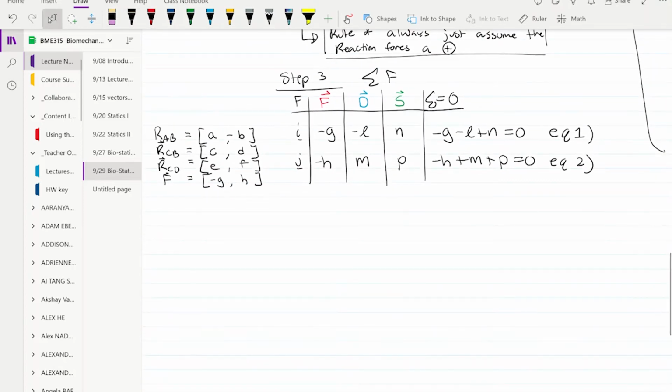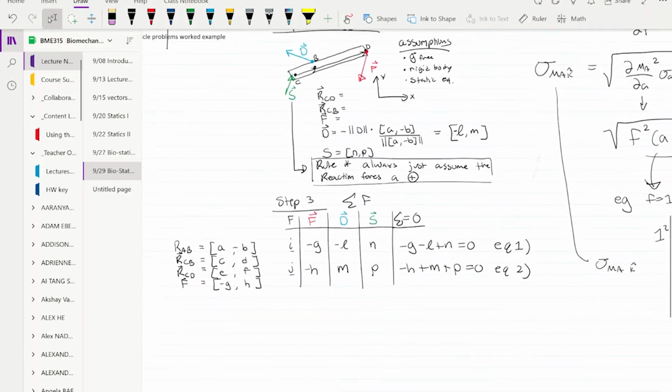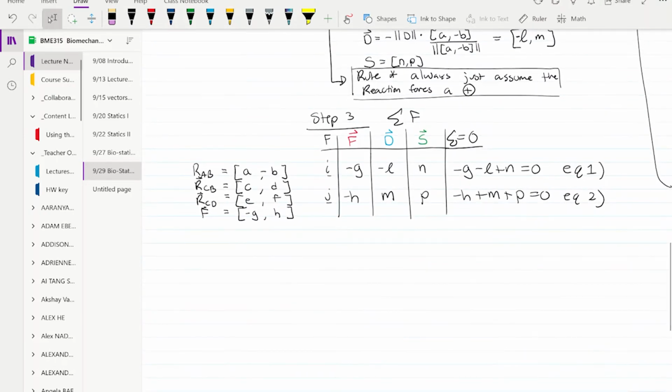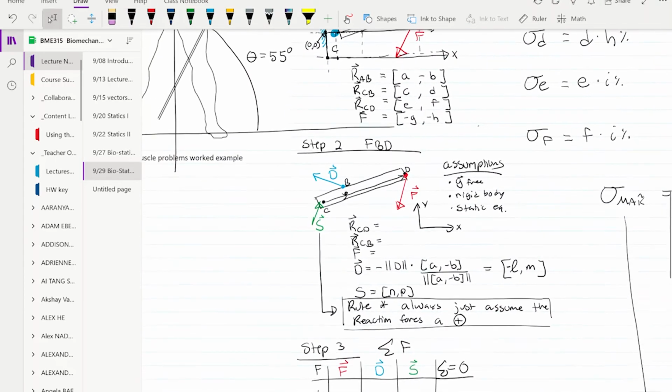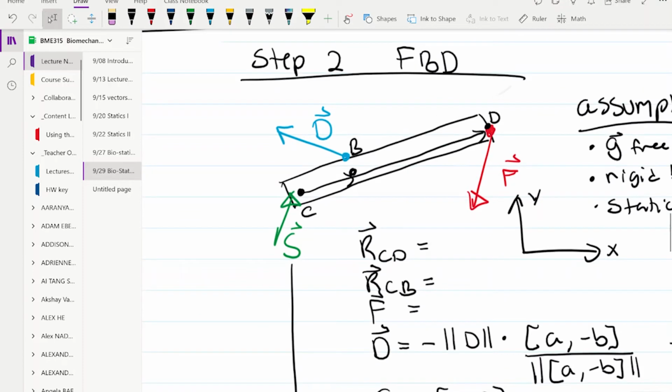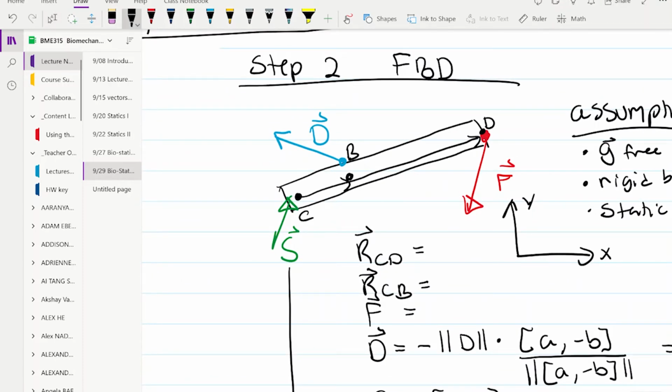All right, so our goal is to make as many equations as we can, right? So let's go to step 4. We've got to do sum of moments. All right, so we always have to choose what's the best place to take a moment, right? And if we take it at B, then the D cancels because moments about something on a similar line of action produce no moment.